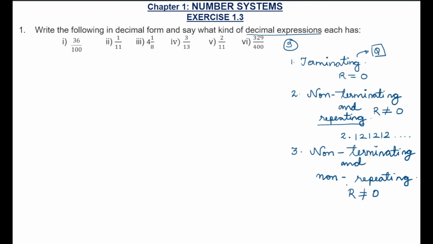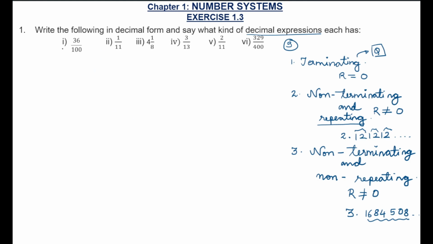It will not have any pattern in it, so it will have all random numbers in it. For example, let us say that on dividing two numbers, we are getting the quotient as 3.1684508 and so on. You see that there is no pattern here. In the previous case, 1, 2 and 1, 2 was repeating itself, whereas in this case, there is no pattern as such. So this comes under the third category.